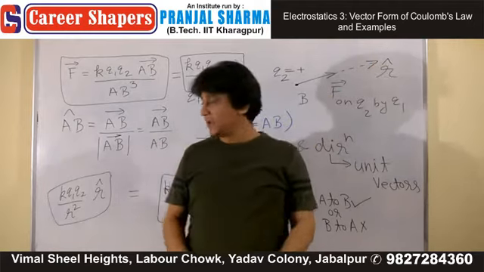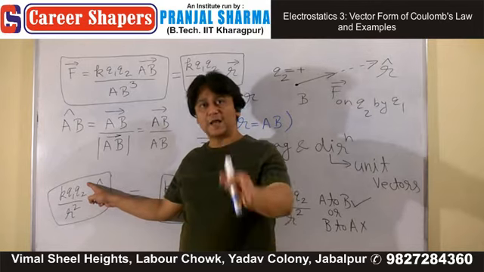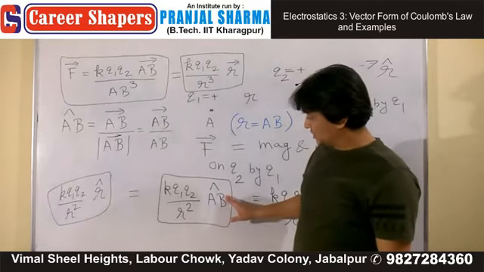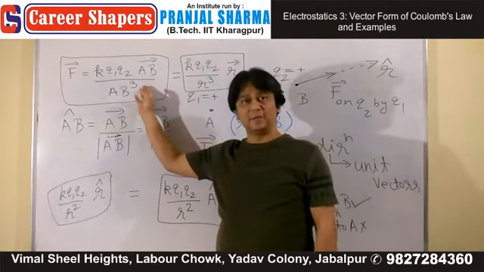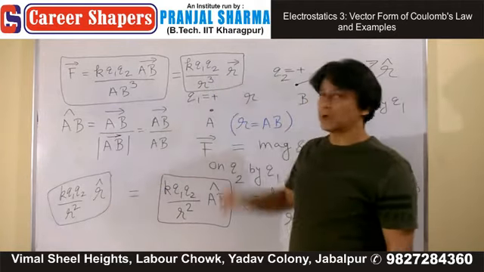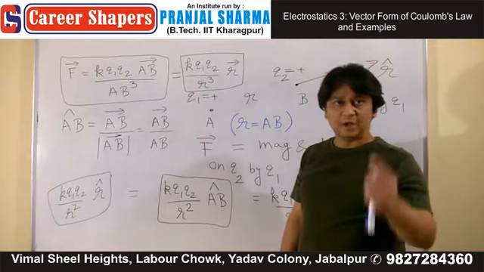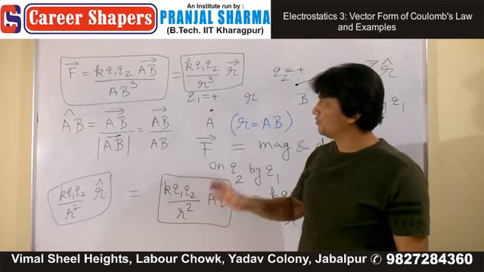So what we are saying is, we have this much magnitude and its direction is R cap. These two are in terms of AB, and these are in terms of R. We will take a few examples, and if you have any confusion, that confusion will be gone.